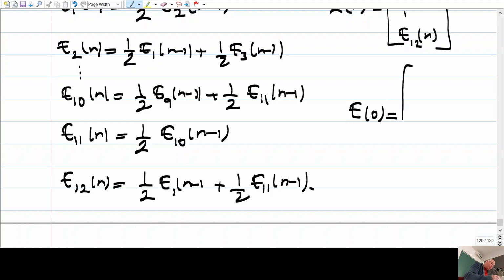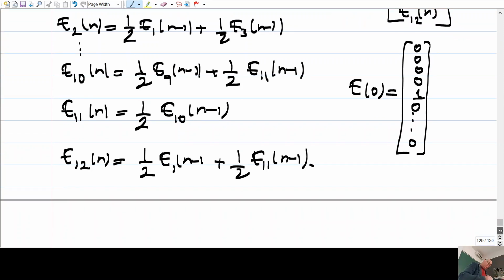I have also the following information. What is E0? The probability of the particle to be at the first place. It is 0 because it is at 5. So this is 0, 0, 0, 0, and then 1 because it is at the point 5 at time 0, and then again all zeros.